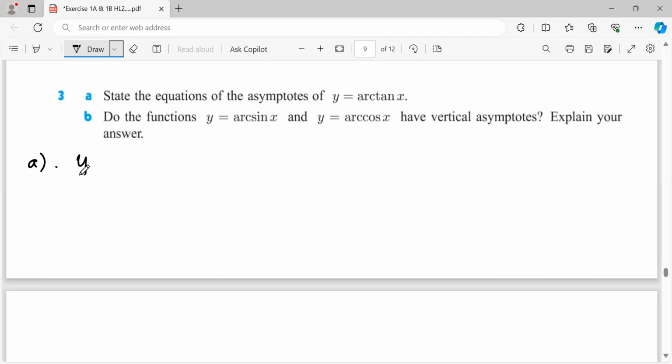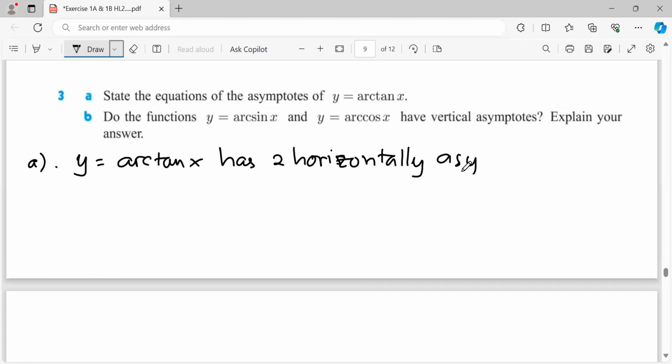Yeah, y equals arctangent x has two horizontal asymptotes. The asymptotes are y equals minus pi half and y equals pi half.